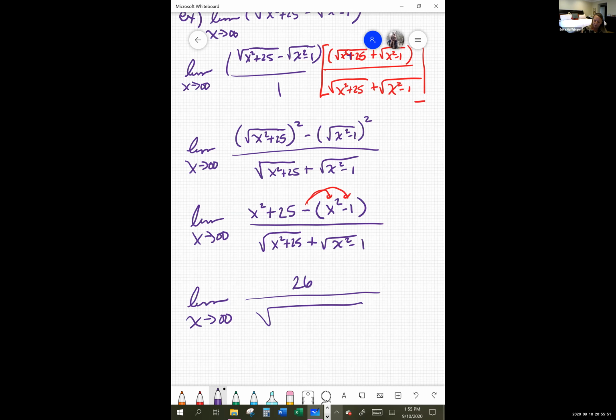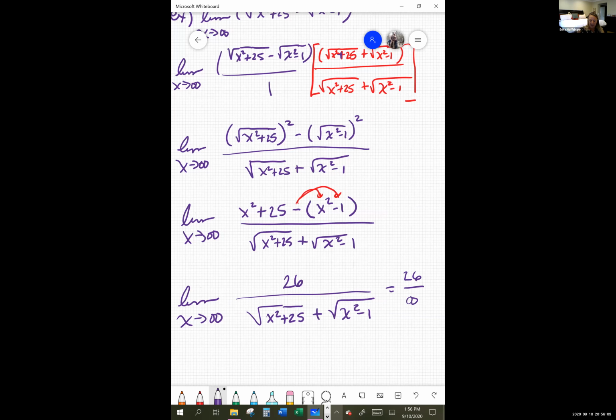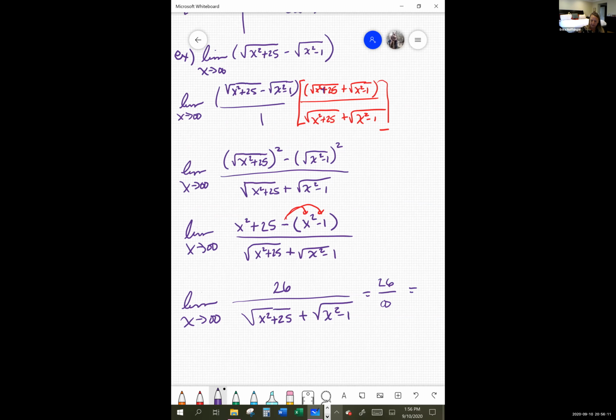And so now when we plug in infinity, wherever we see an x, we have infinity in the denominator and a constant in our numerator. So 26 over something that's getting huge, going to infinity, this value would have to be going to 0.